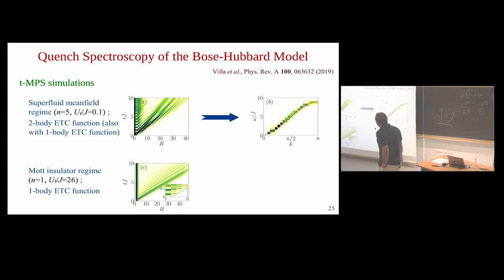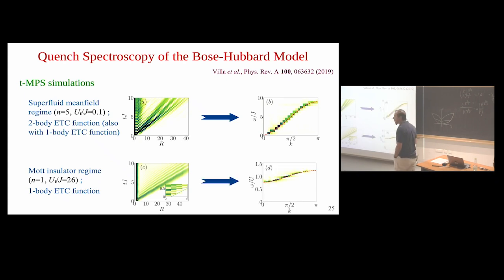This is the same calculation for the Mott insulator regime, where we have one particle per site and quite strong interaction energy, and we compute the one-body correlation function. This gives you this kind of space-time correlation pattern. You make a Fourier transform, and you find this nice excitation spectrum, which has essentially a gap over here and then a sine function, which is simply the tunnel coupling between doublons on the one hand and holons on the other hand.